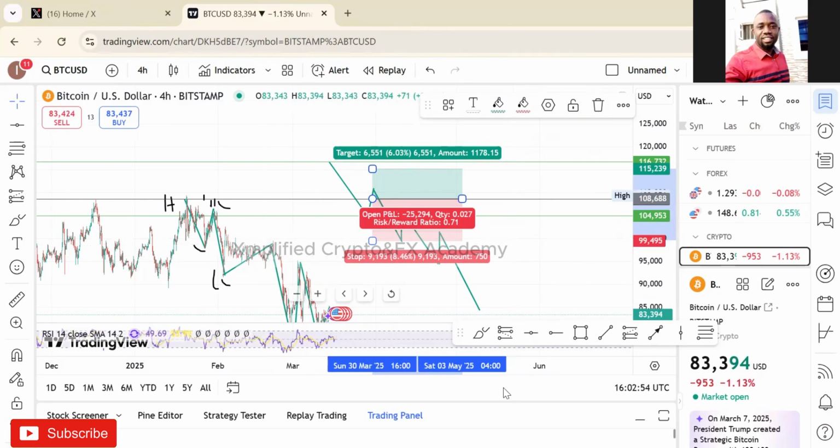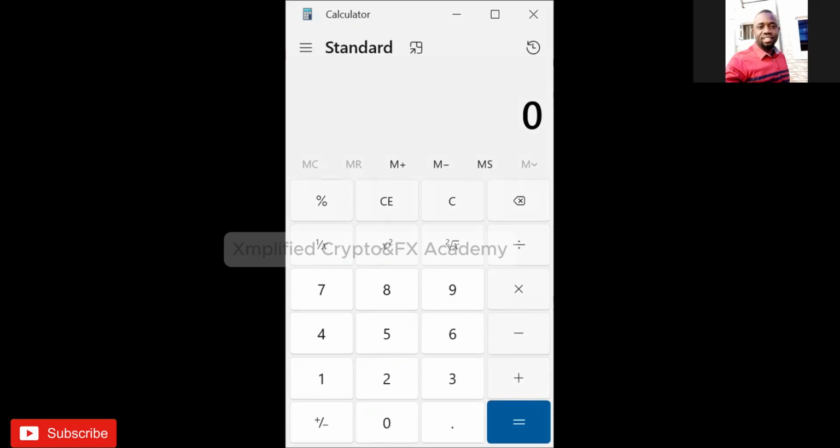Let me share my calculator. The first price you bought Bitcoin at was around 108,688. But the price dipped and got to 99. Let's assume you bought this one with $200.